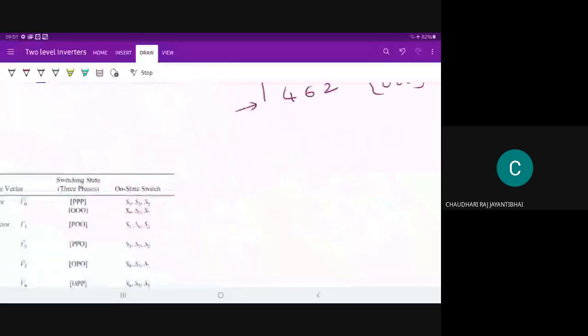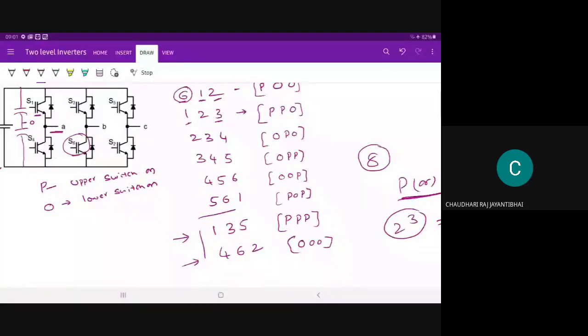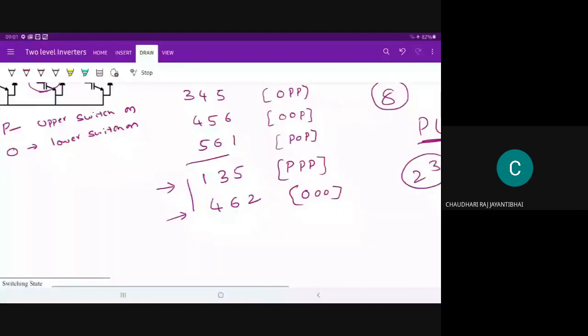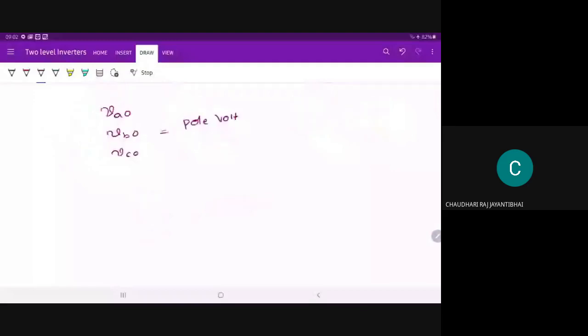This is clear. We just converted it by using different states. Now we have these pole voltages VA0, VB0 and VC0. The sum of these 3 pole voltages, VA0, VB0 and VC0, is always 0. Agree?